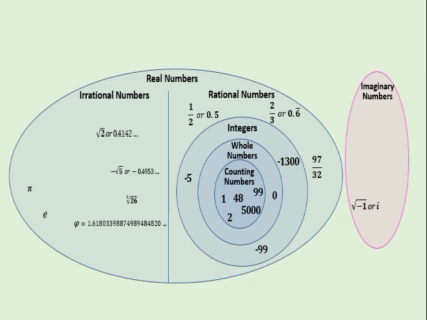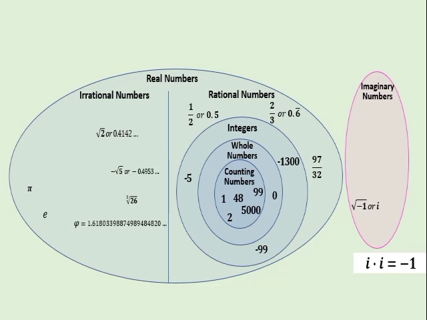I for imaginary, which is a value of the square root of negative 1. We could do this by multiplying i by itself, which equals a negative number, negative 1.